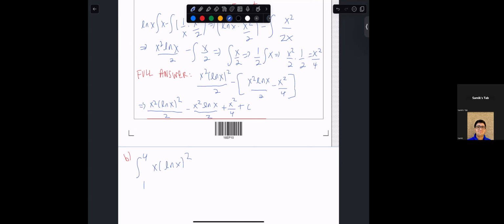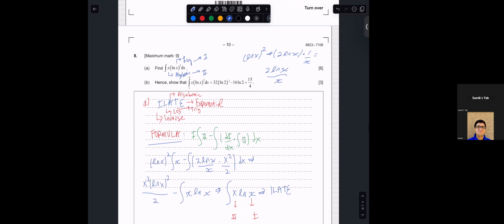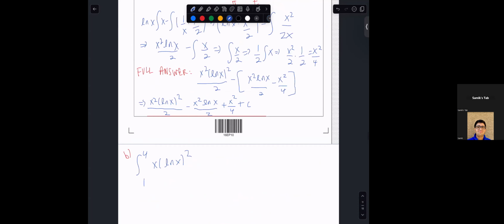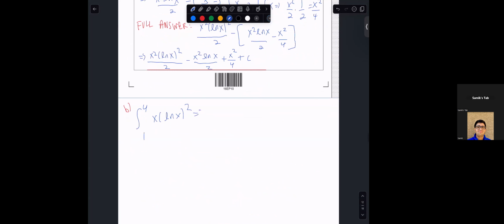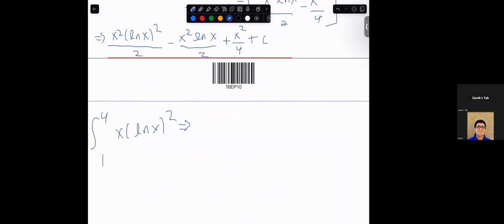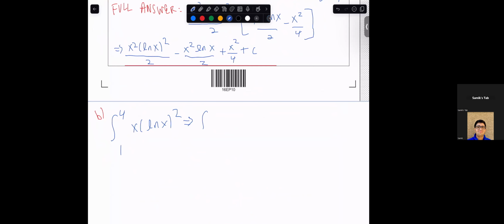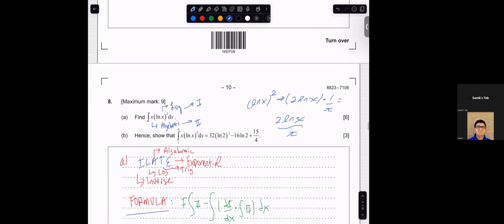Okay, this is really easy. Just getting a little bit into topic 1, which is the logarithms and number and algebra topic. So we already know the integral of this, which we wrote. Now, if we get this correct, that means we got our integration correct. So if we prove this, then that means we got part A correct. So that'll be good.